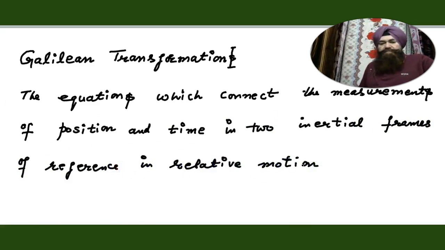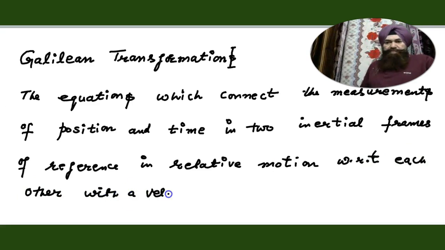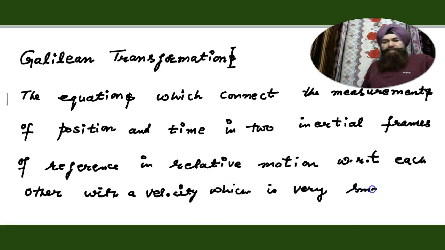In relative motion, when one inertial frame is in relative motion with respect to the second one, and with a velocity, keep in mind the velocity should not be too large.